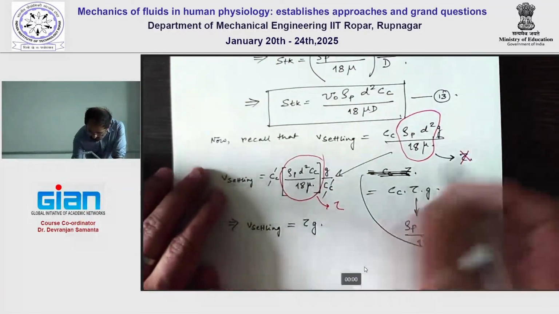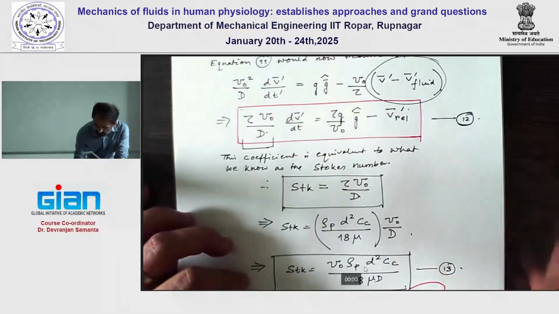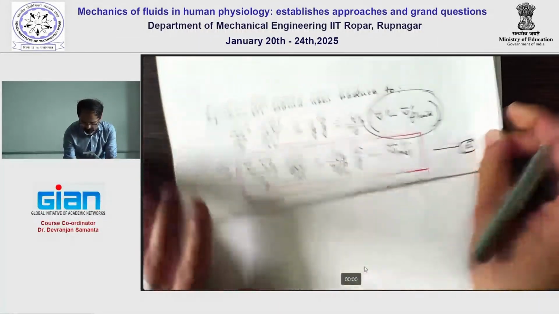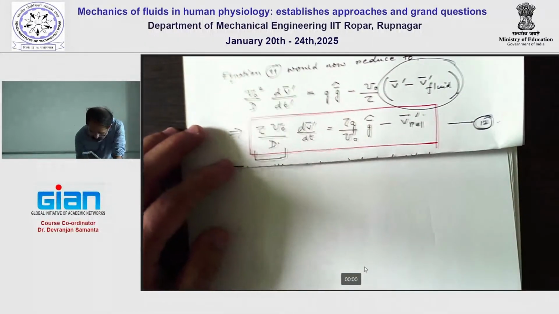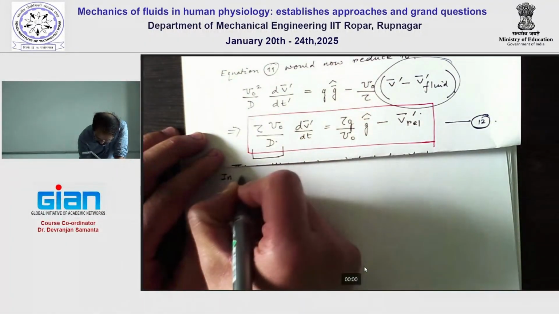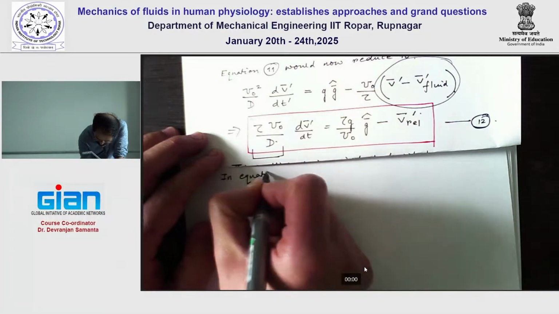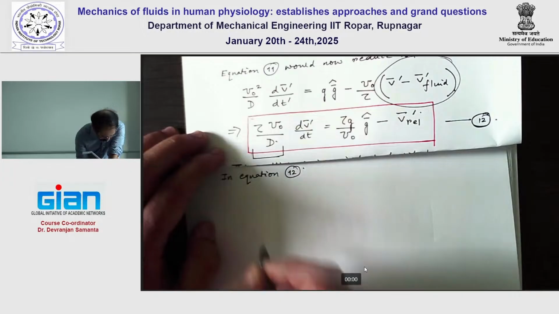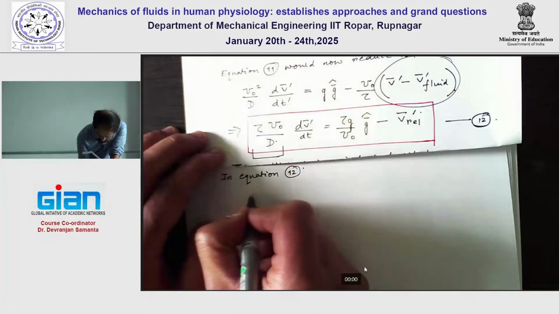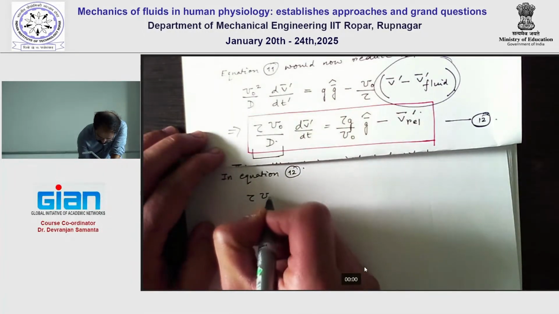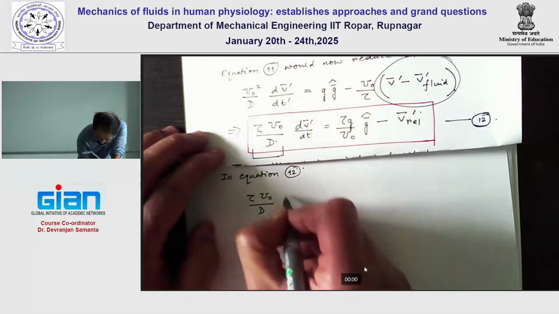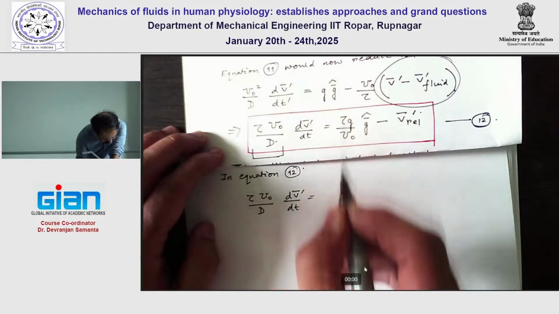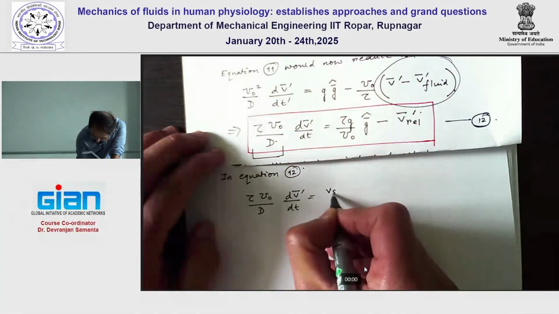So therefore, in equation 12, let's try to apply this. We have tau u naught over d times dv prime dt. This tau g is v settling, we just found out.